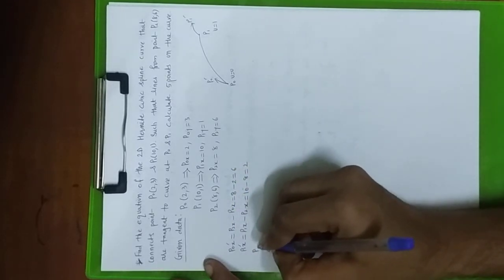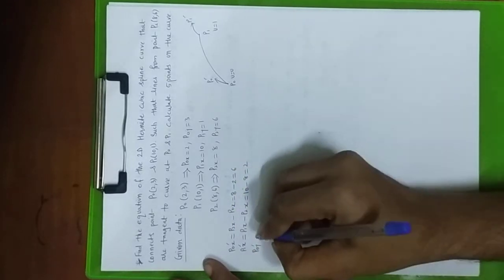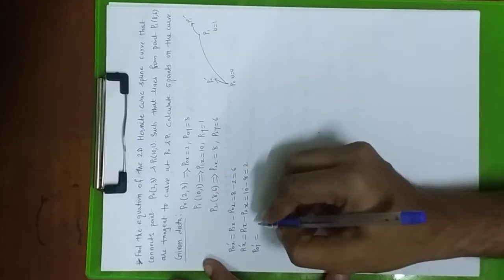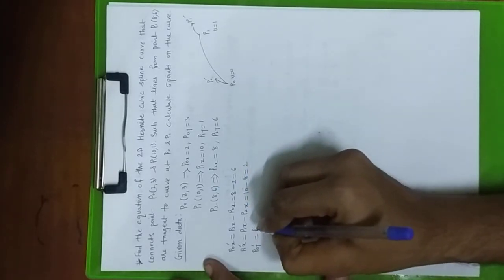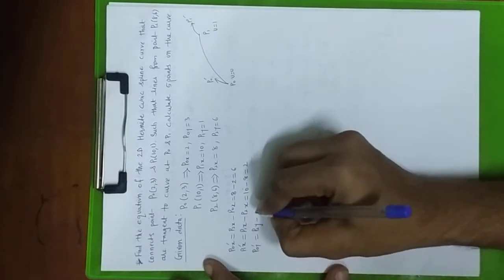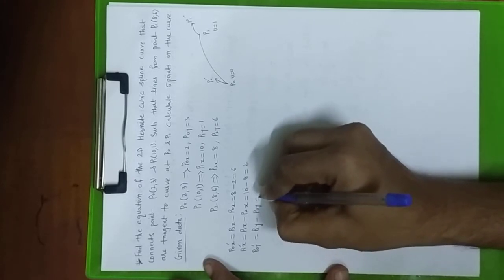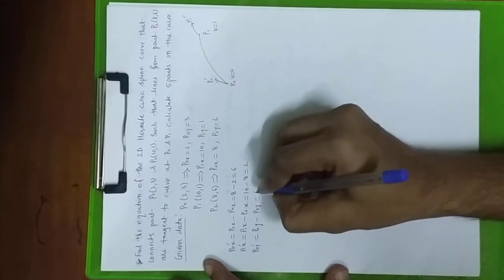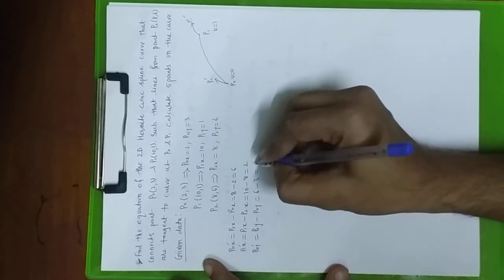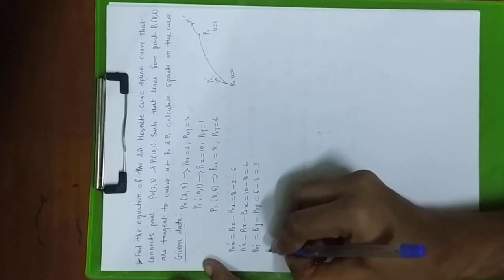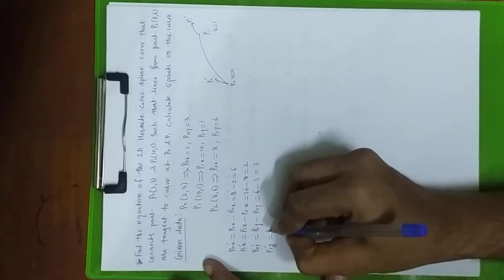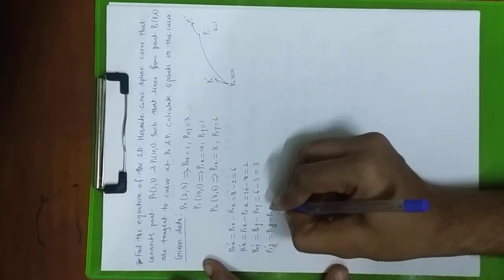Similarly, we can find P0y dash, that is equal to P2y minus P0y. P2y is 6 minus 3, that is equal to 3. Similarly, we also need to find P1y dash, that is P1y minus P2y.